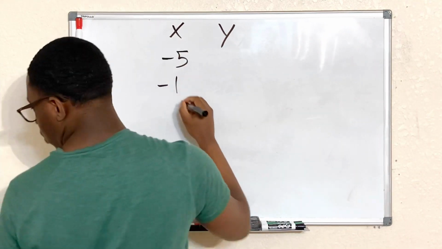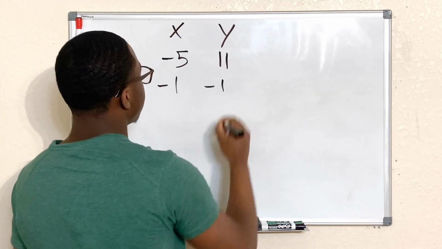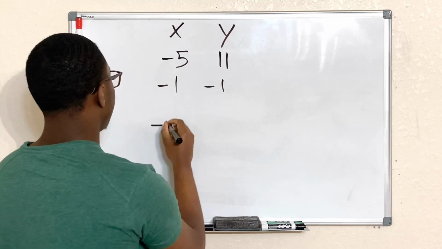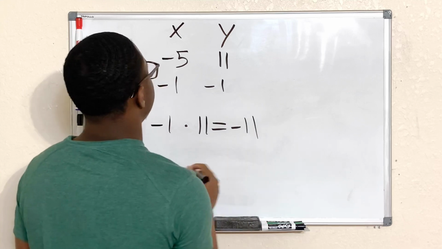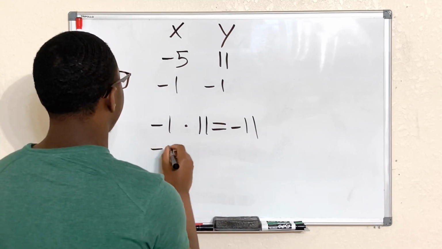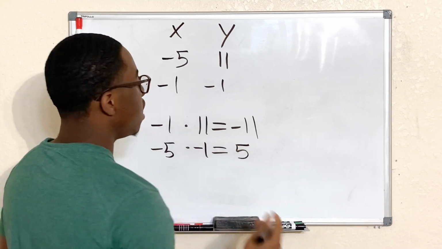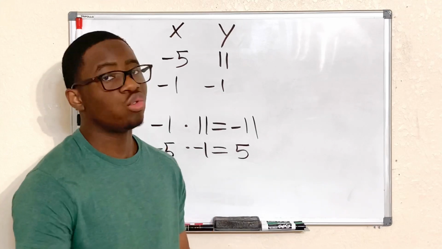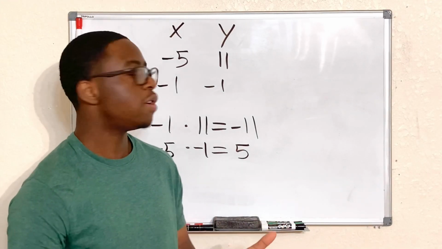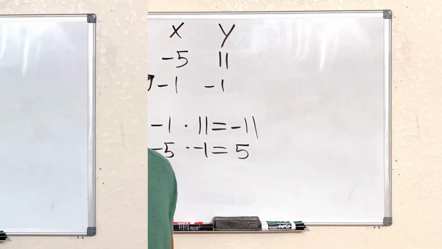Let's cross multiply. -1 times 11 will give us a -11, and then we have -5 times a -1, that'll give us a +5. Therefore, based off a process of elimination and just going through all the answer choices to be safe, we've now concluded that -11 and 5 aren't proportional.